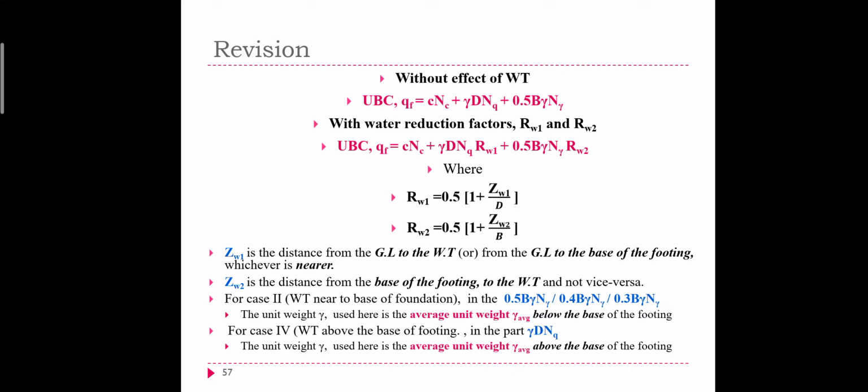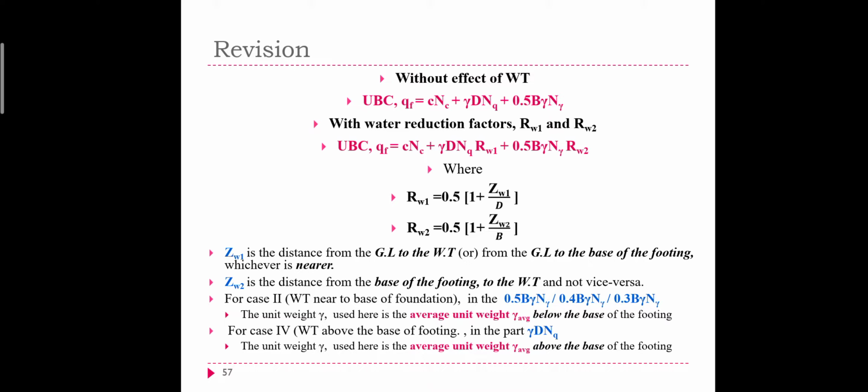So whichever is smaller: you have to measure the distance from the ground level to the water table, as well as from the ground level to the base of the footing. Measure both, and whichever is smaller, you take that as ZW1. Okay, whichever is smaller you take that.